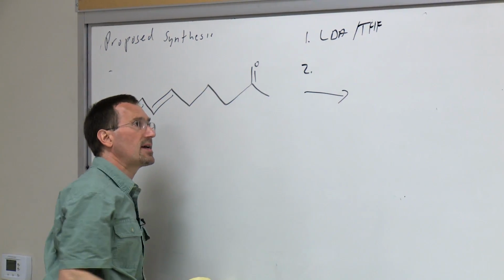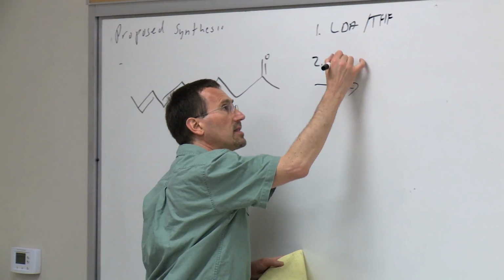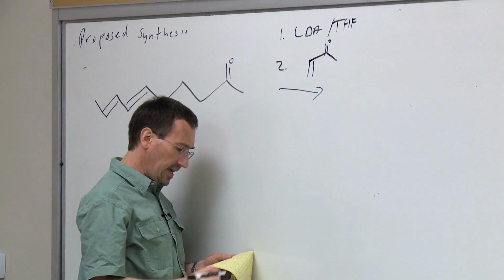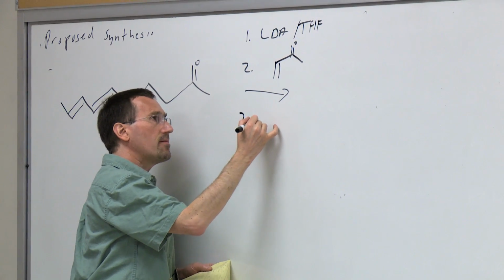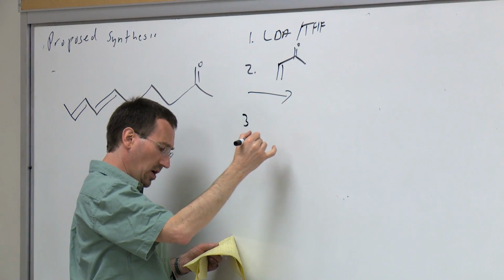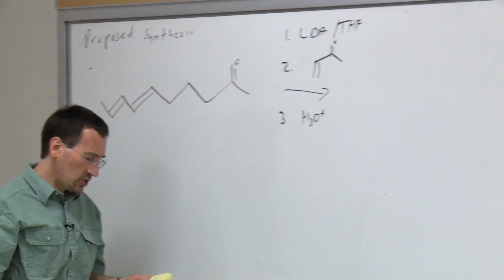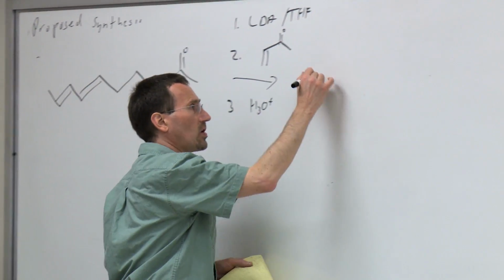Remember, LDA makes the less stable, the less substituted enolate if you do it at -78. Methyl vinyl ketone should work well for a Michael addition, followed by an aqueous workup.